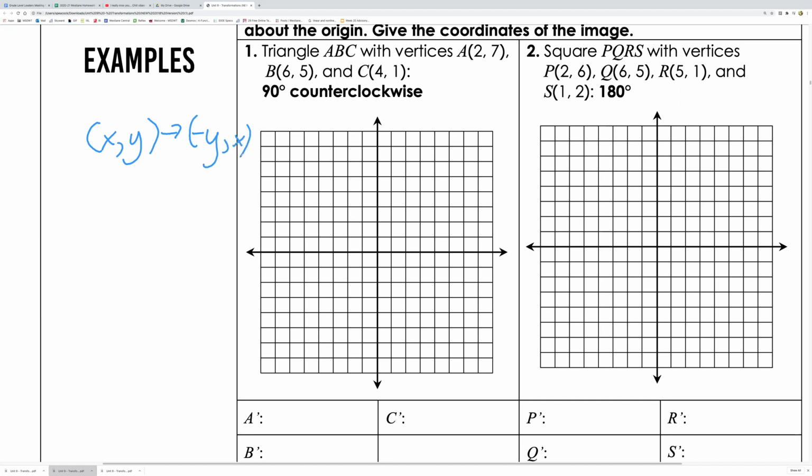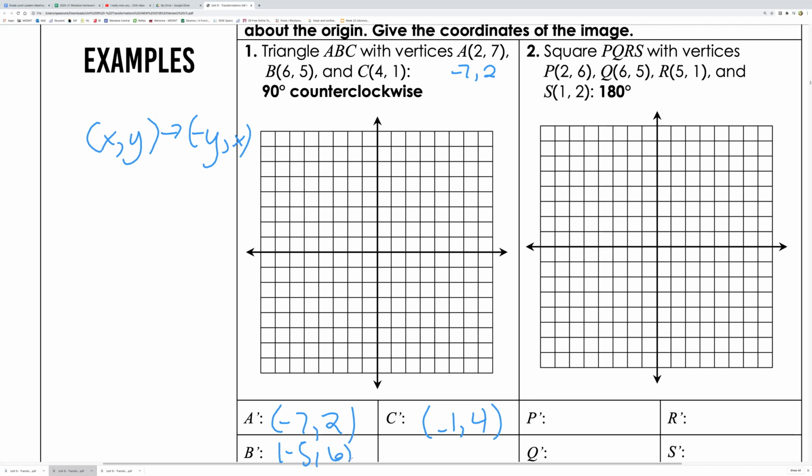So we have to use that rule. So our first one, we're going to flip it and change the sign of the first number. So this is negative 7, 2. C is going to be flip and change your first number, so negative 1, 4. And B is going to be flip and change your first number, so negative 5, 6.